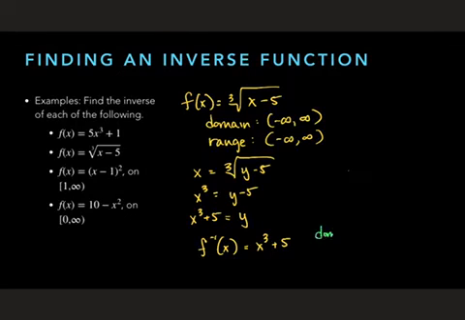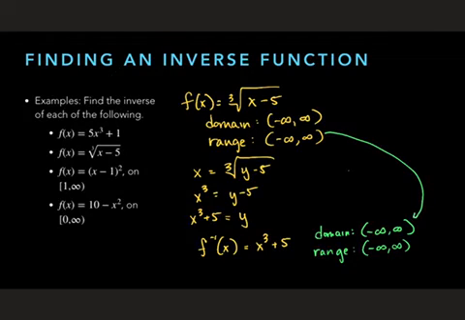And again, our domain for the inverse is the same as the range of the original, and the range of the inverse is the same as the domain of the original. Okay, so no restrictions on the domain, nothing to worry about, no real problem here.